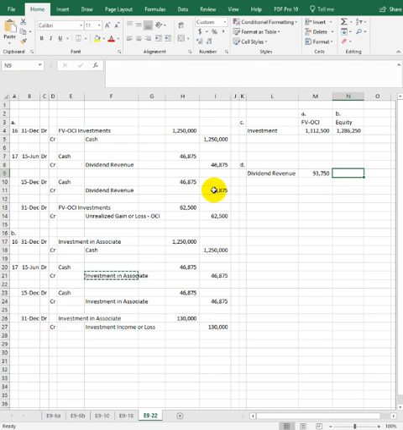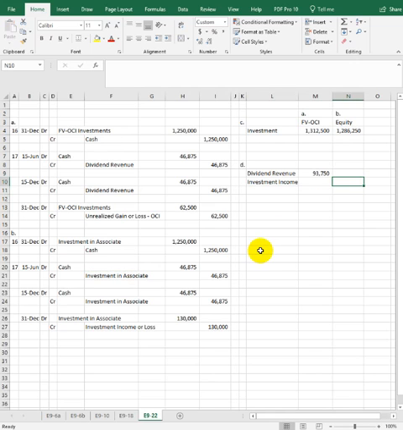Oops. Can't just put a dash in. And then, so that was the fair value through other comprehensive income. And then we have investment income, which is what we have down here for the equity method.